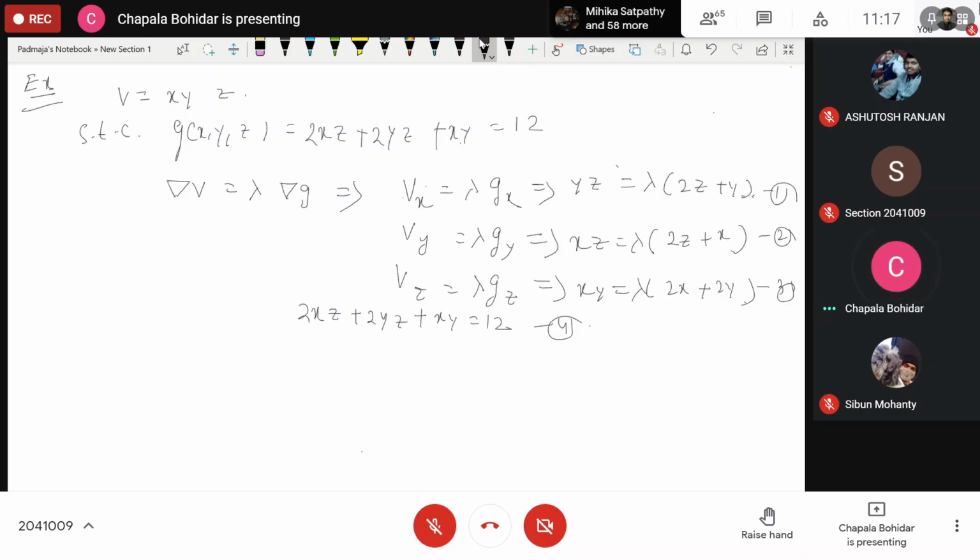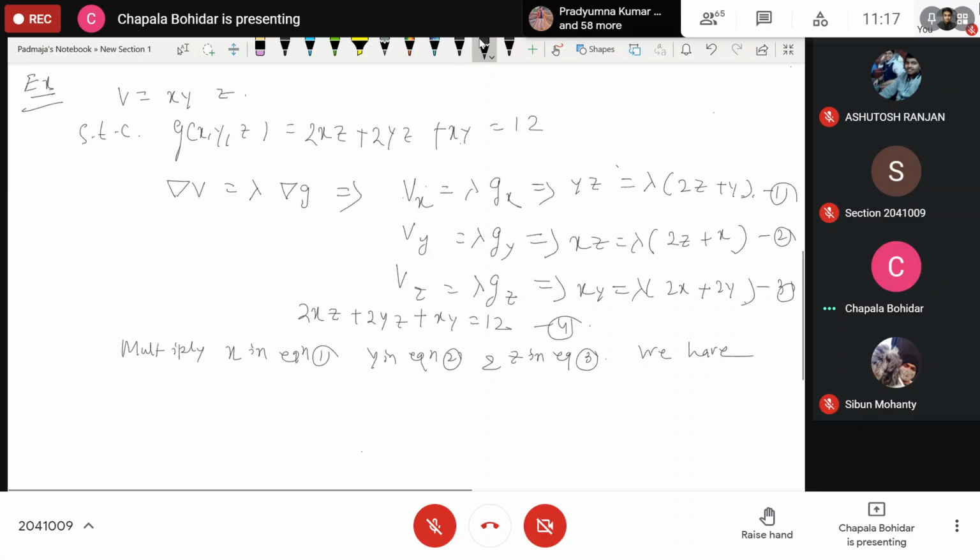So now we have xyz is equal to lambda into 2xz plus xy, so it is 5.